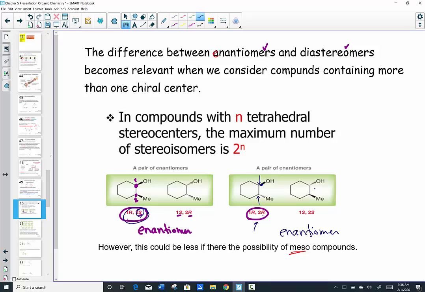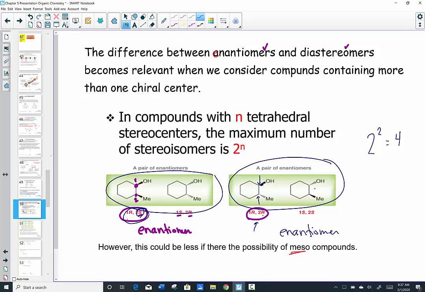A compound with 2 chiral centers, 2 squared gives me 4 structures, 4 possibilities of structures, noticing that we have 2 that are non-superimposable mirror images, another set of non-superimposable mirror images, and then the term of diastereomer.